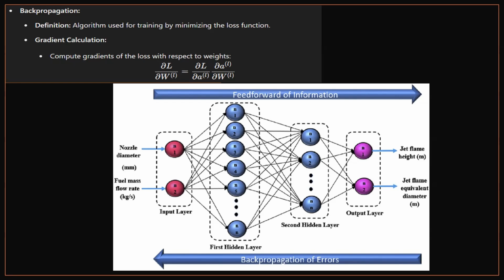The communication in this slide is done through the lines. You see, for example, in the first hidden layer, the number one, N1, connects to all the neurons in the second hidden layer. You see that? This is essentially the connection between one neuron and another.